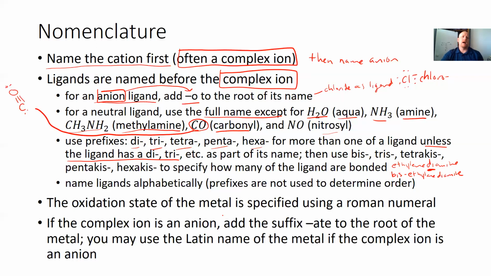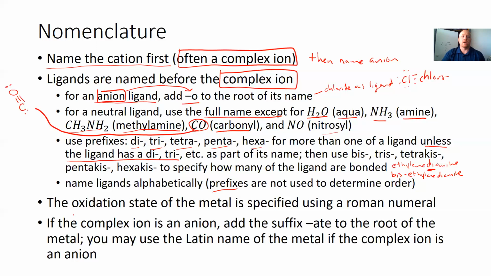Okay. And then of course we're going to name our ligands alphabetically. So we don't use the prefixes to determine order, right? Similar to how we would name the various substituents on an organic molecule, we're going to name the ligands on a complex ion alphabetically as well.